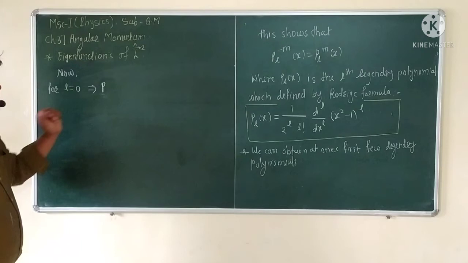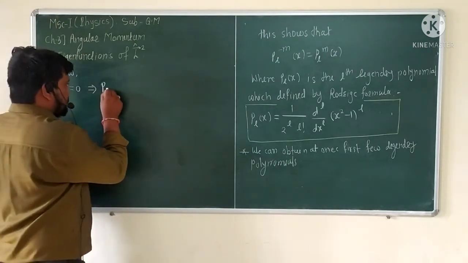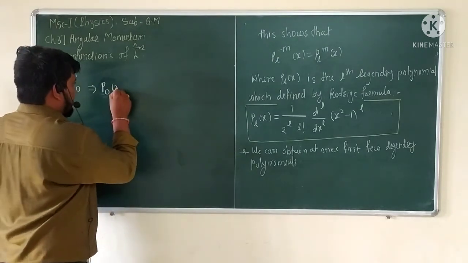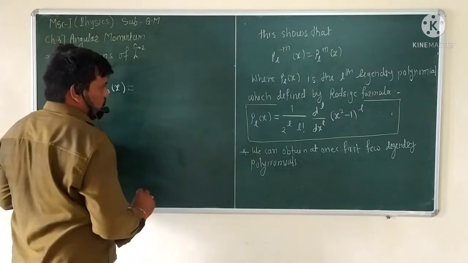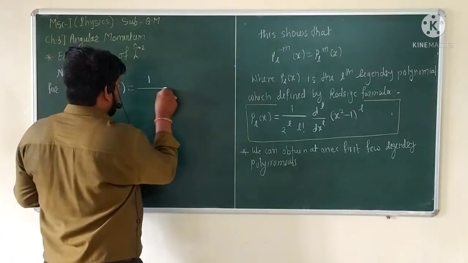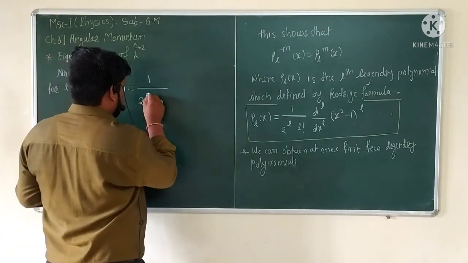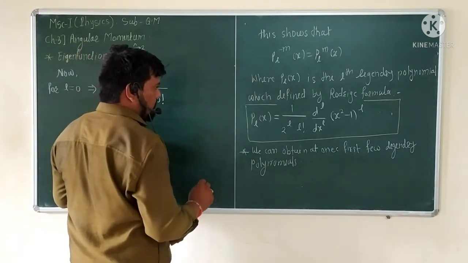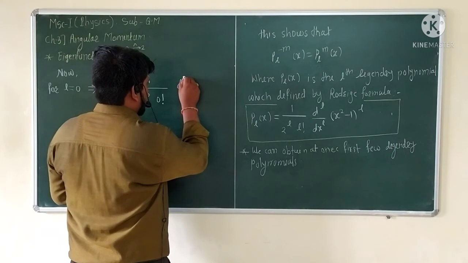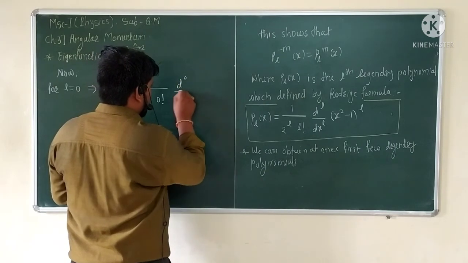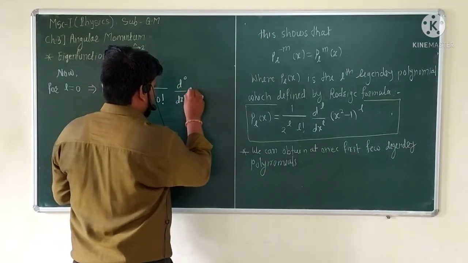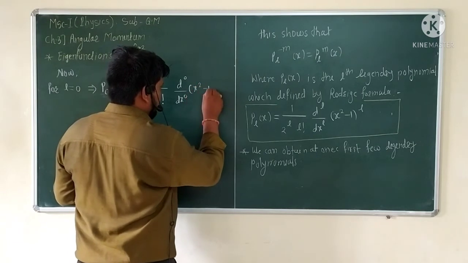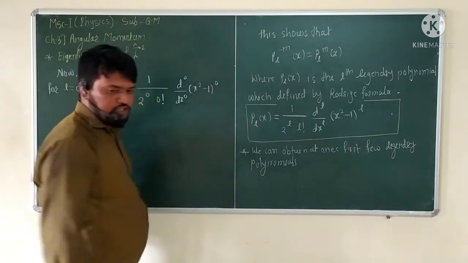For l equal to 0, P_0 of x is equal to 1 upon 2 power 0 into 0 factorial, d power 0 by dx power 0 of (x square minus 1) whole power 0.